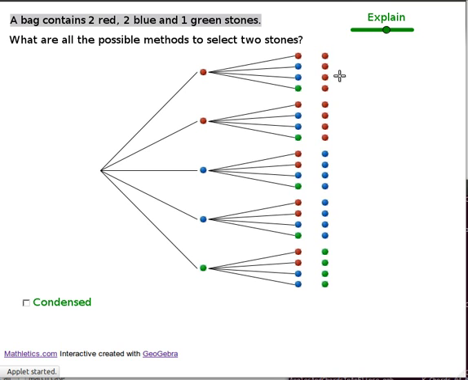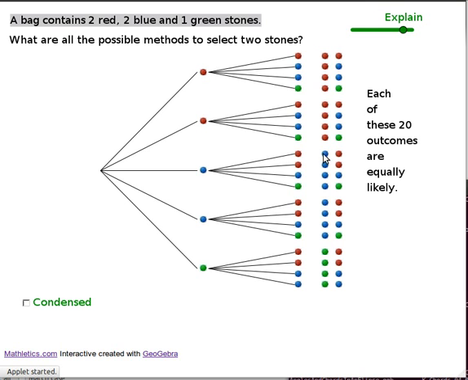So this is where we actually list out all the members of the sample set. This is the first stone, which is just the same colour as this first stone, and this is the second stone. So you can see you've got red, red, red, blue, red, blue, red, green.